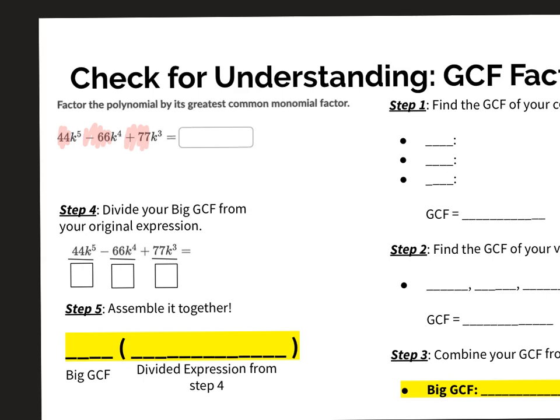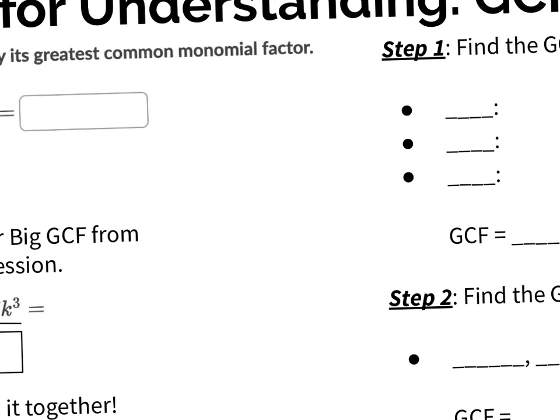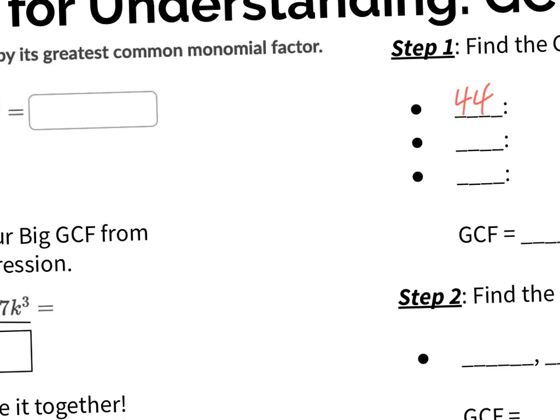Using this information, let me just write out what I know. I have 44, and then negative 66, and then 77. I'm not going to worry about this negative for the time being.